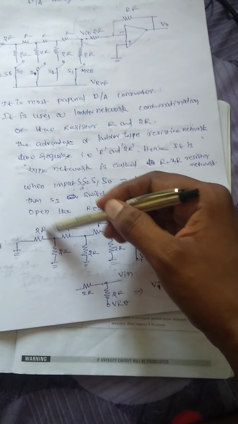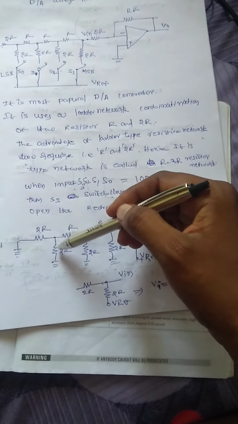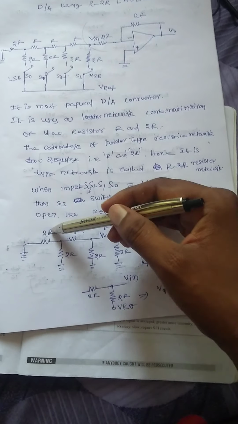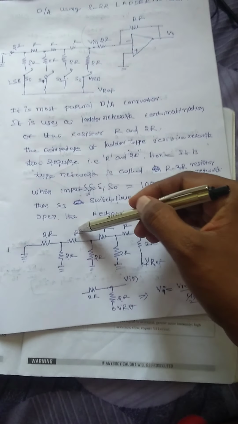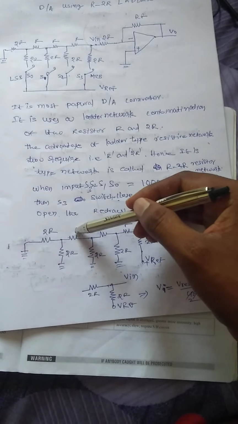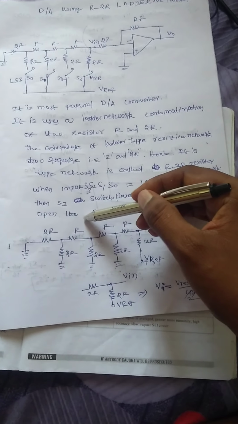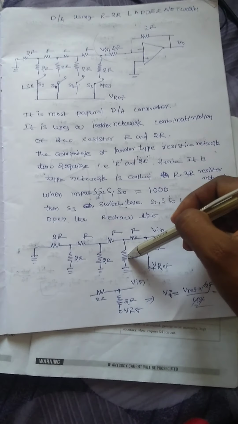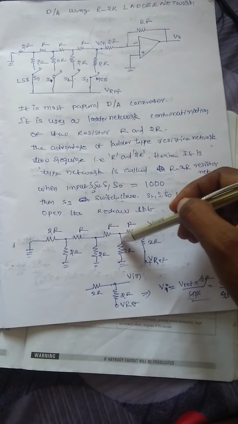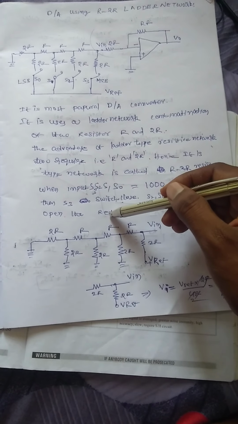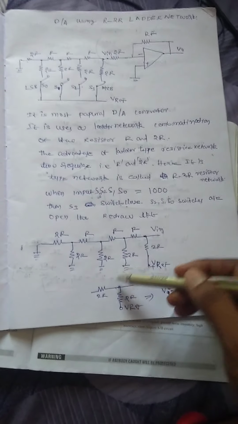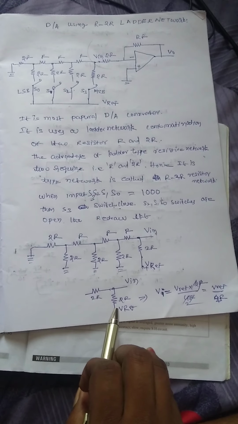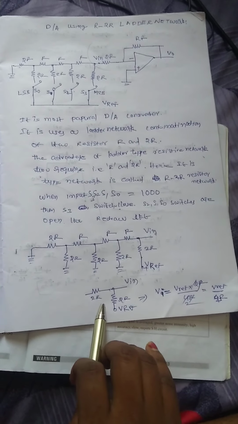So the parallel combination of 2R and 2R gives an equivalent resistance of R. R plus R, these two resistors are in series, making 2R. Again the parallel combination of 2R gives R, and R plus R gives 2R. Finally we get the circuit of 2R in parallel with the 2R resistor. It is a voltage divider circuit.